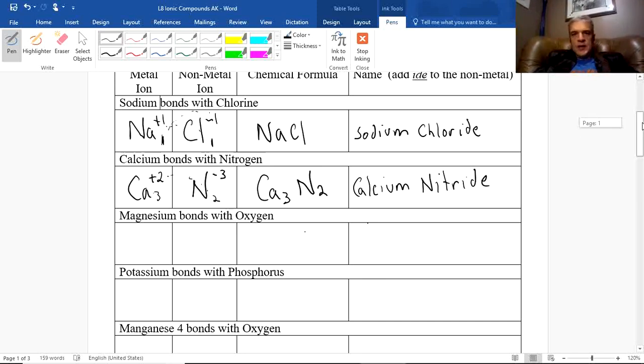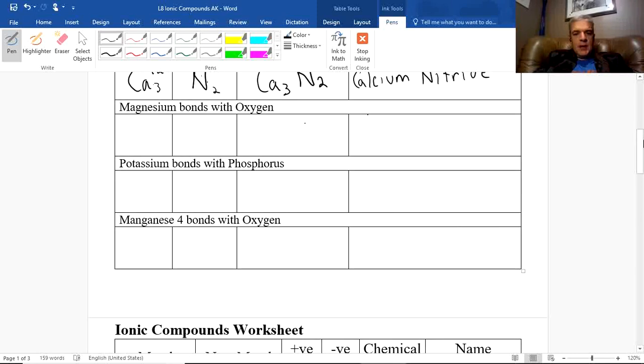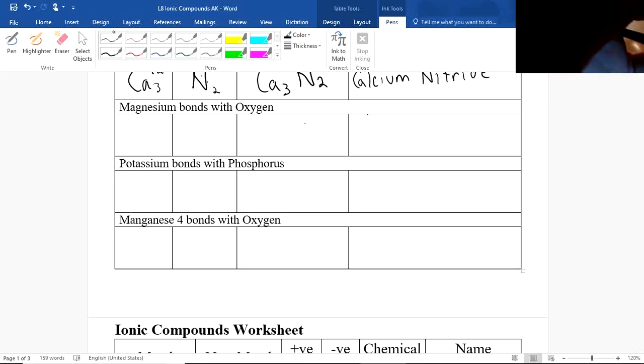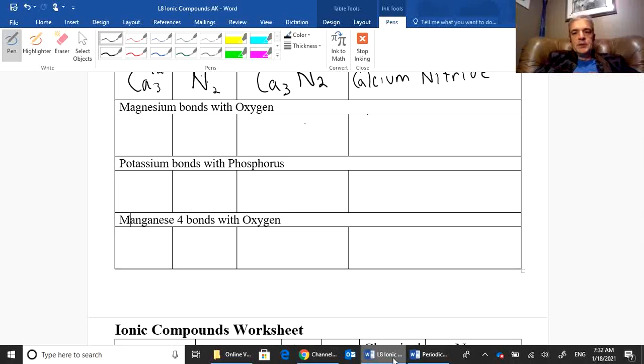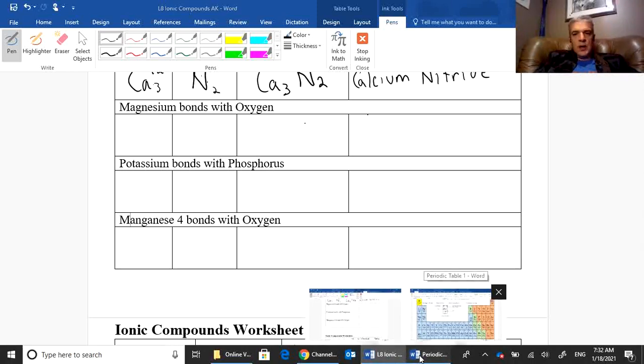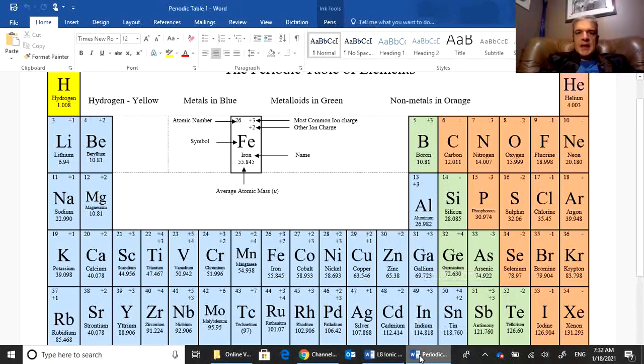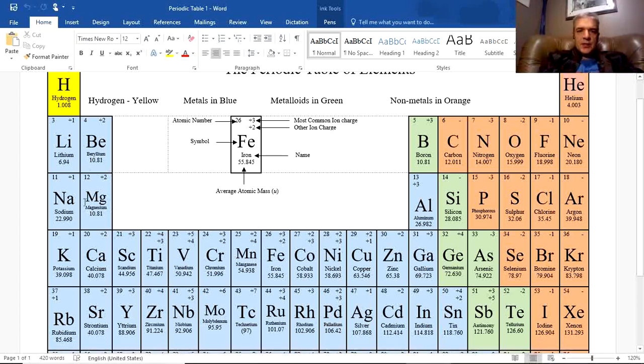All right, let's move to the next one. Let's scroll down, just scroll my page down a tiny bit, move my cursor into a place so that it won't jump on me. And magnesium bonds with oxygen, okay? So how is this going to work? Well, let's take a look. Magnesium is +2. Oxygen is -2. Oh, that's interesting.